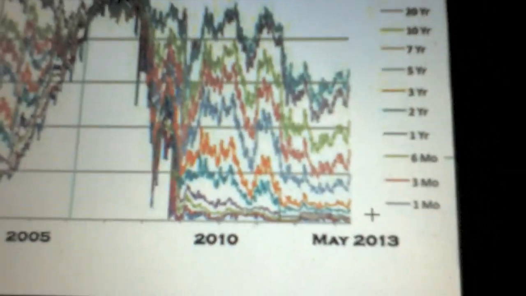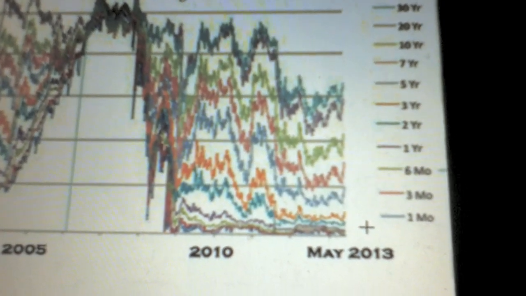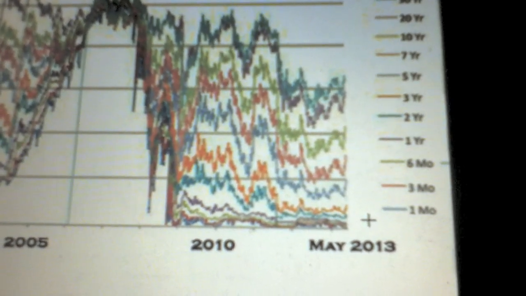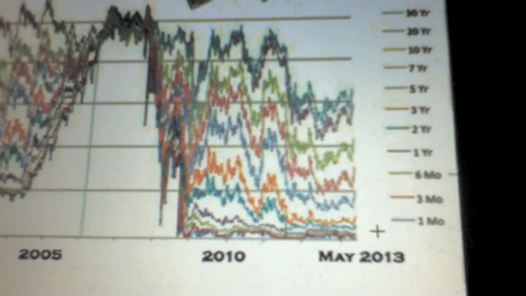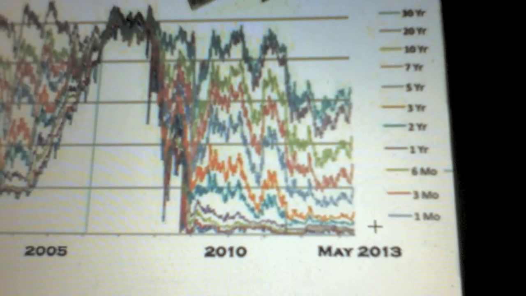See, every single bond below the 7-year, so from 5-year all the way to 1 month, all of those are yielding less than 1% right now, which is crazy.